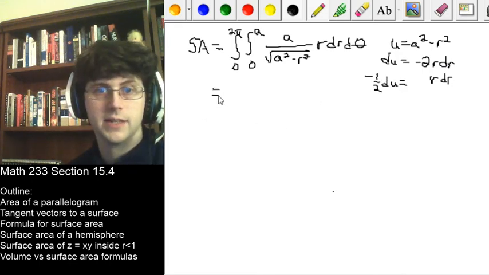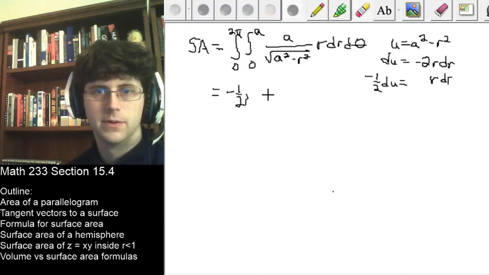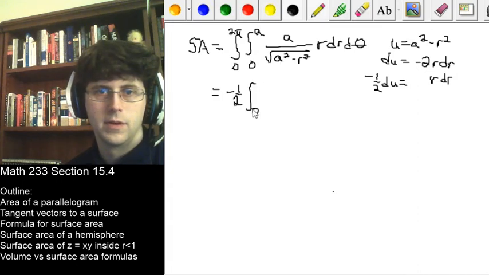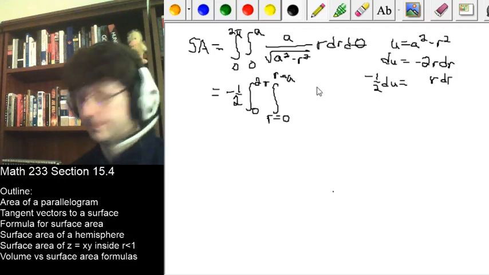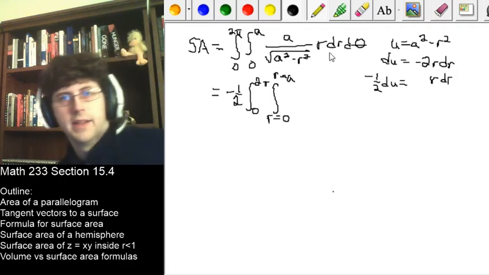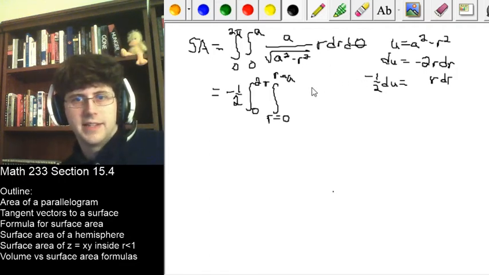So this integral has a minus a half floating on it. I'm going to leave the r bounds for now. This is r equals 0 and r equals a. And then r dr, I've handled that, that's du.